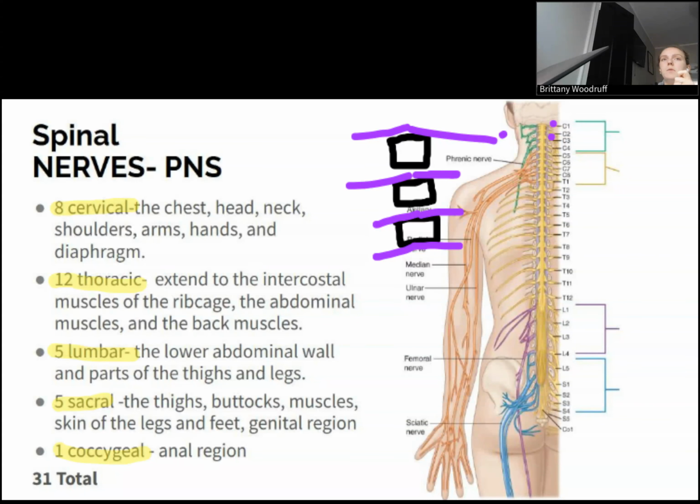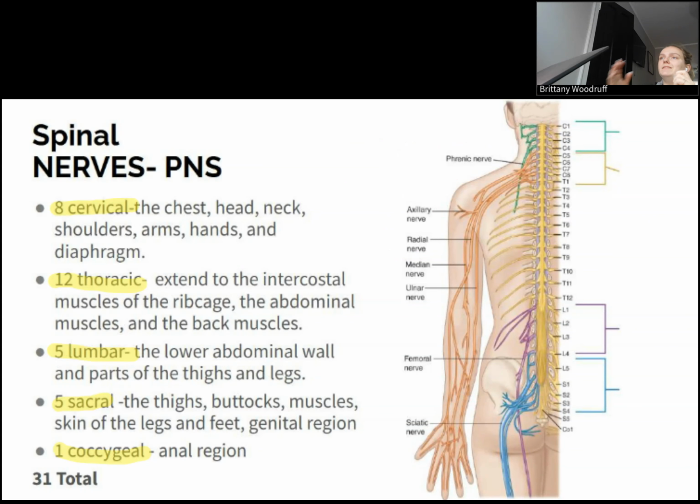Now, evolutionarily speaking, it doesn't make sense for your body to have nerves coming off of your spinal cord in your upper body that are going to control things in your lower body. So the way that your body is designed, the way that it evolved, these nerves control things that are nearby to where they come off.